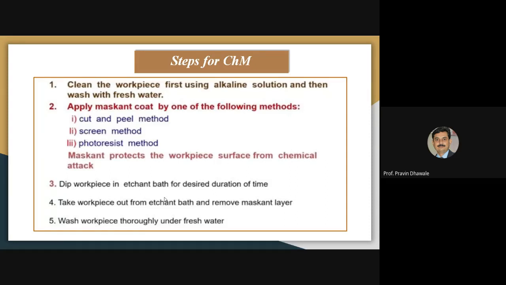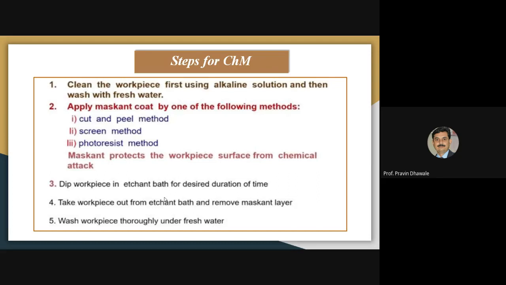Out of these three methods, we can choose any one in order to apply the maskant coat over that workpiece. This maskant will protect the workpiece surface from the chemical reaction. It acts as a kind of insulator that does not allow any chemical reaction between the etchant and the workpiece.